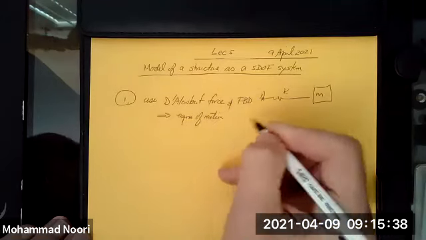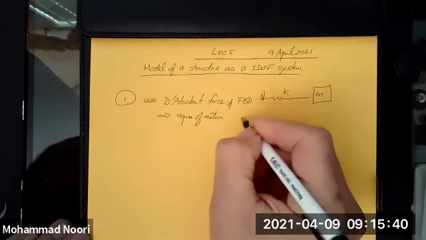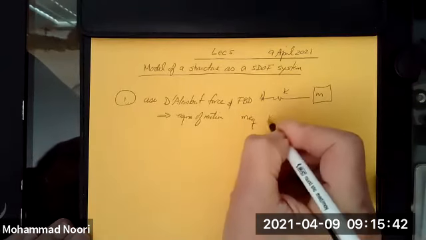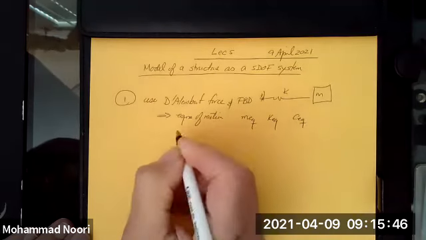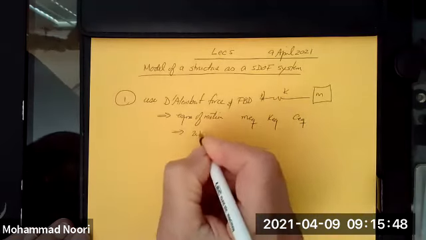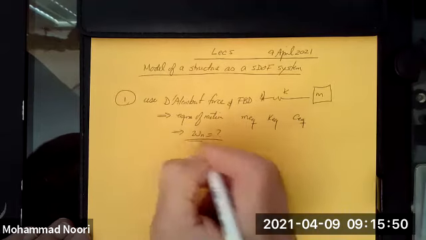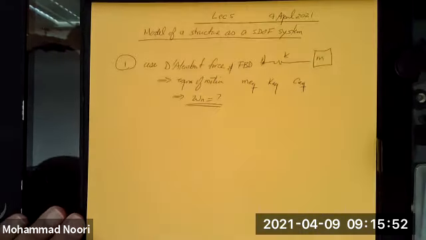By writing that equation of motion, you find a mass equivalent, K equivalent, or even C equivalent in a system. But most importantly, that helps you to identify the natural frequency. That's the ultimate goal.